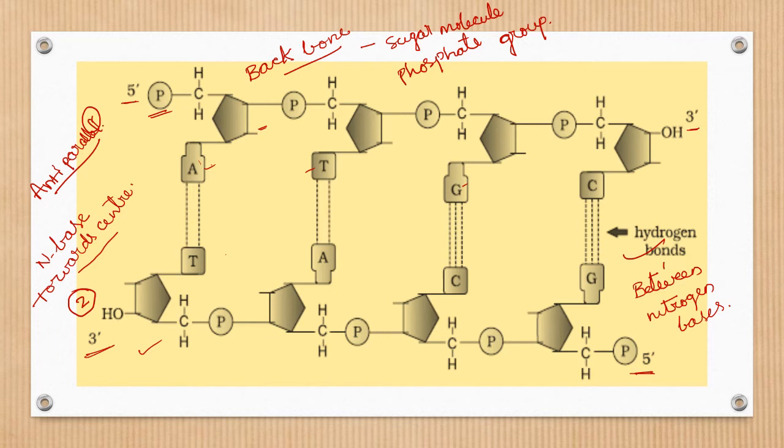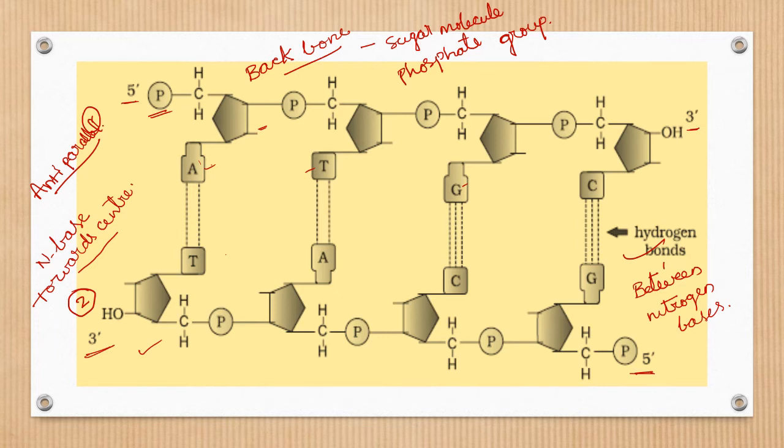The nitrogen bases are clearly shown here. If you count the number of bonds, two hydrogen bonds are present between adenine and thymine and three hydrogen bonds are formed between guanine and cytosine. Okay, so please remember that.